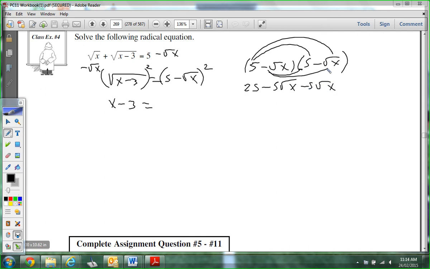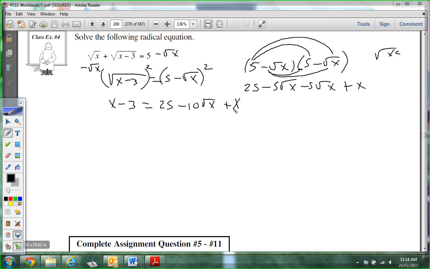And root x times root x would be a what? Just an x, right? The radical goes away. Anytime you times something by itself with a radical, it goes away. If you want, you're welcome to write x squared, but then that goes away. It's a positive because the negative times a negative. That simplifies to 25 minus 10 root x plus x.